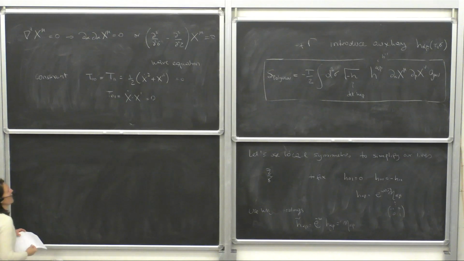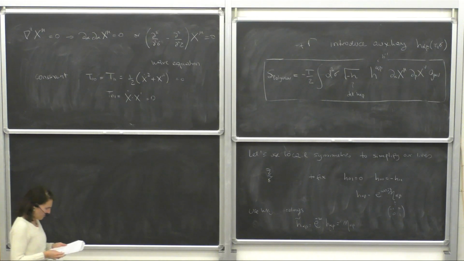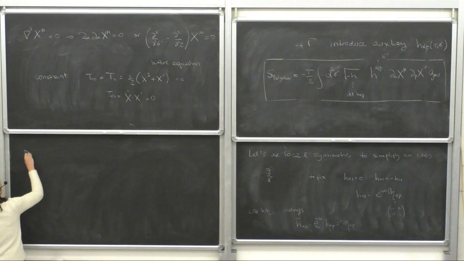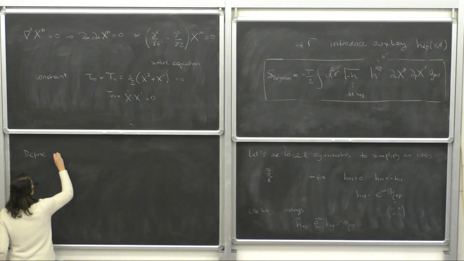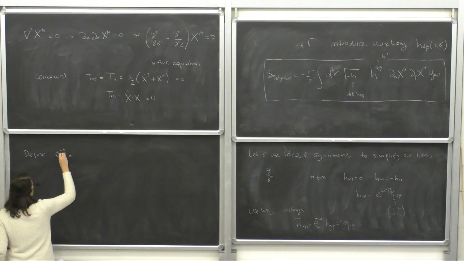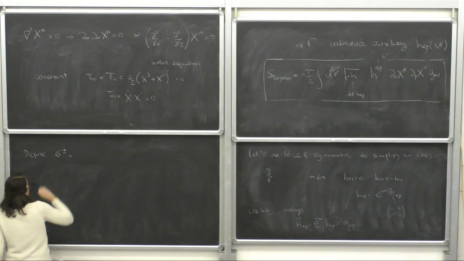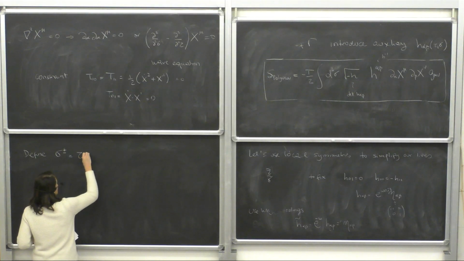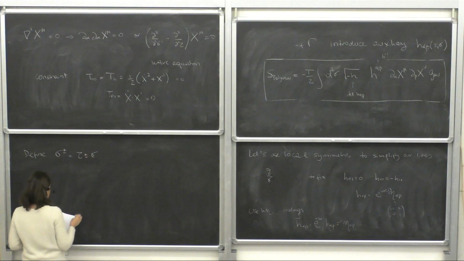Now, as in the usual waves that you saw in, I don't know, it was called Physics 2 in my physics undergraduate class, it's useful to define left and right moving coordinates, sigma plus and minus. Define sigma plus and minus to be tau plus minus sigma.